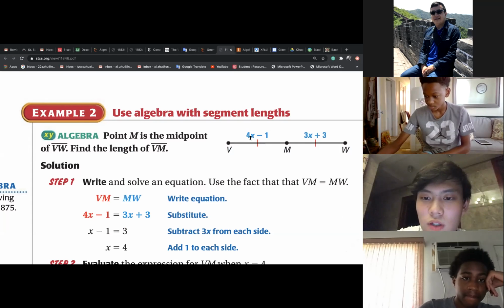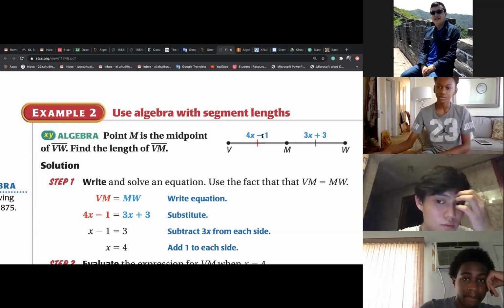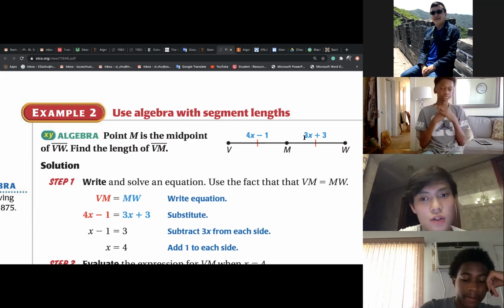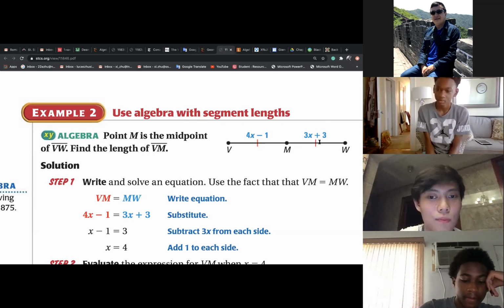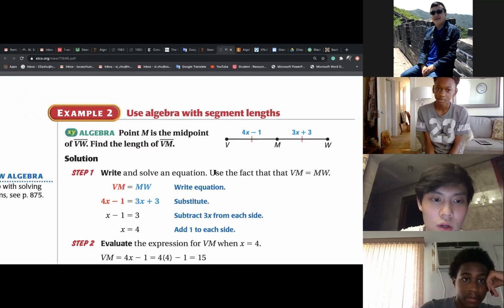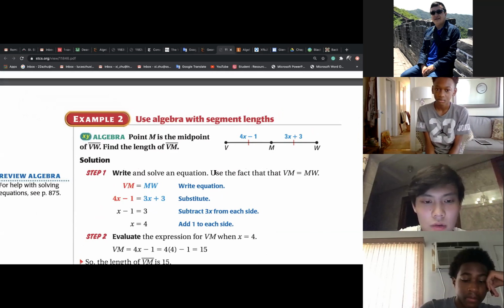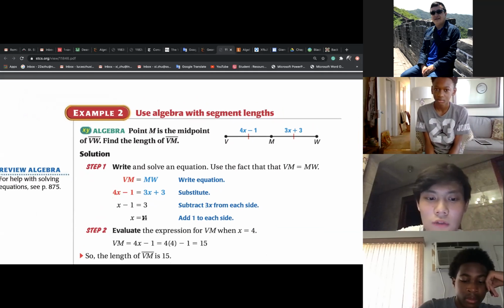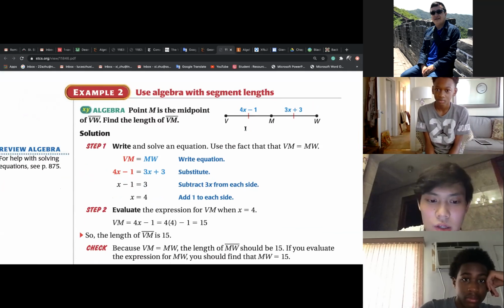So you substitute 4 into x. So 4 times 4 minus 1 is 15, right? Yeah, 15. And it's the same on the other side. So both sides are 15 and together they're 30, right? So just remember that during the test you have to put it back into the equation. See?